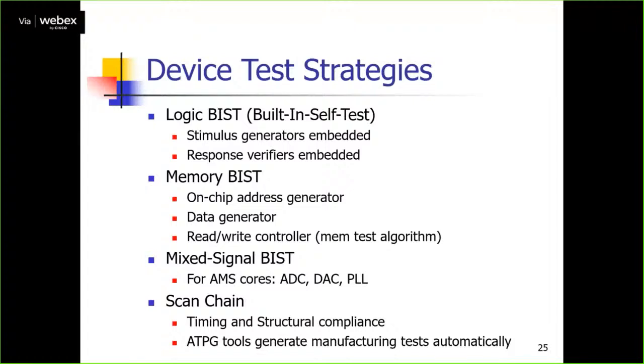Mixed signal based testing is for AMS cores: ADC, DAC, PLL. Normally we look more at the conversion factor, integrators, and differential and integration parameters to be checked for an ADC and a DAC block. The PLL block normally looks at the range where synchronicity can be maintained, that is, the lock range and capture range.